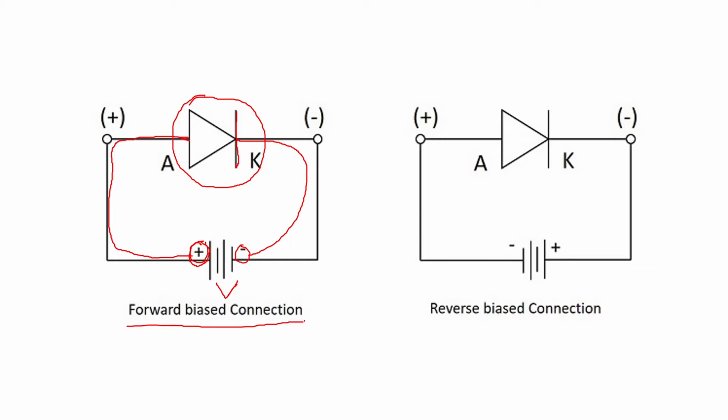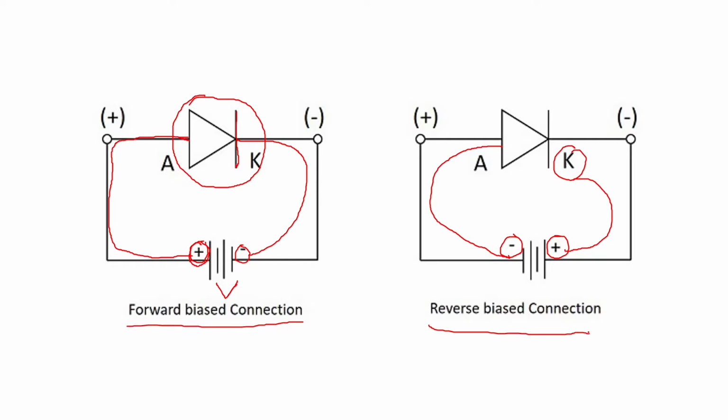Similarly, if you reverse the voltage supply, that means the anode is connected to the negative terminal of the battery and the cathode is connected to the positive terminal of the battery, then it is called reverse bias connection. This is how you are applying voltage.